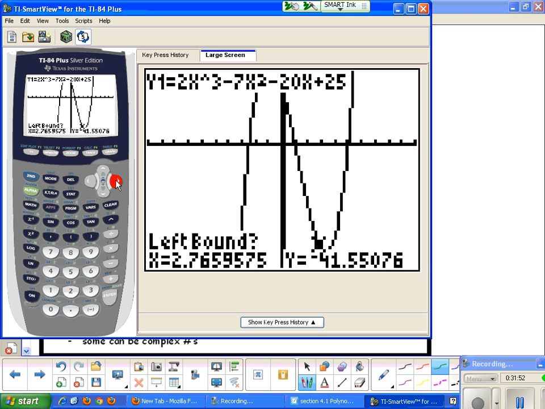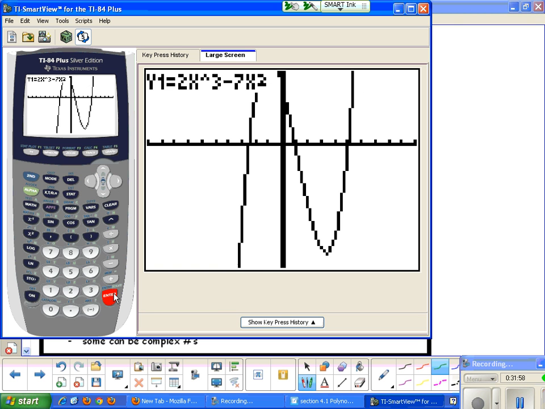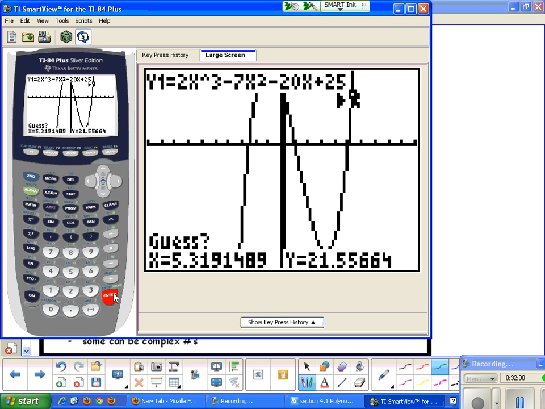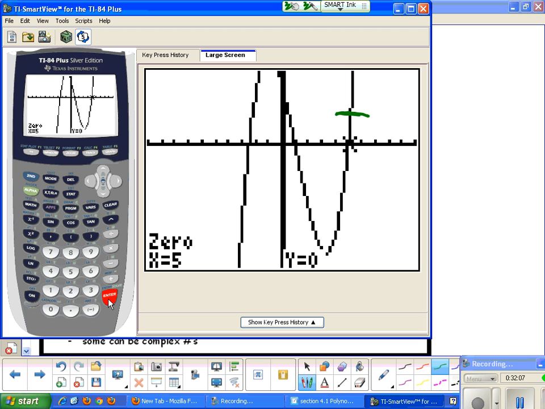So the last 0, something to the left would be below the x-axis. Down here, enter. Something to the right would be here, enter. And again, notice that those 2 arrows right there should be pointing towards each other, and then hit enter for guess. And the 0 is 5. So we had negative 2.5, 1, and 5.